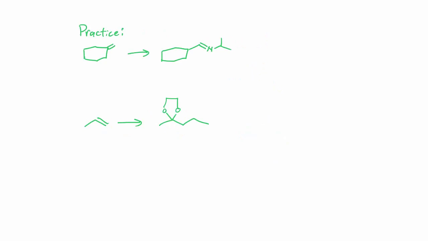So here's some practice. We're going to analyze these problems. The first thing that I see is that I have a 6-carbon ring. I've got the same 6-carbon ring with a 1-carbon substituent that I've circled in red here. And so I need to add this amine group with an isopropyl on the nitrogen.